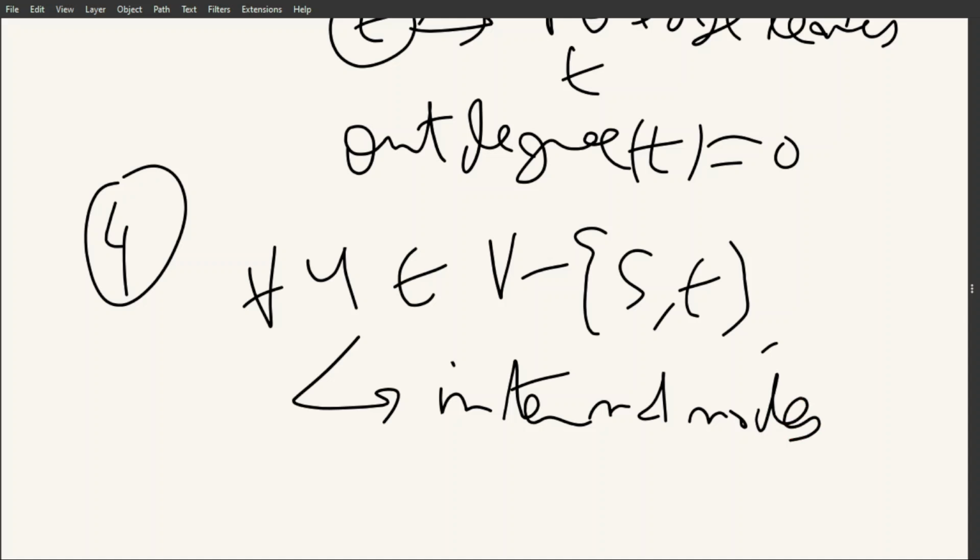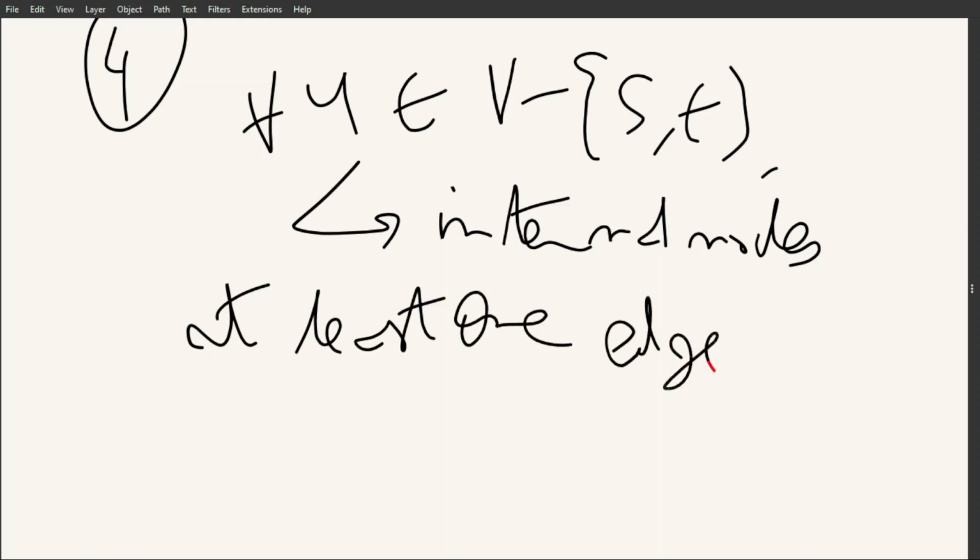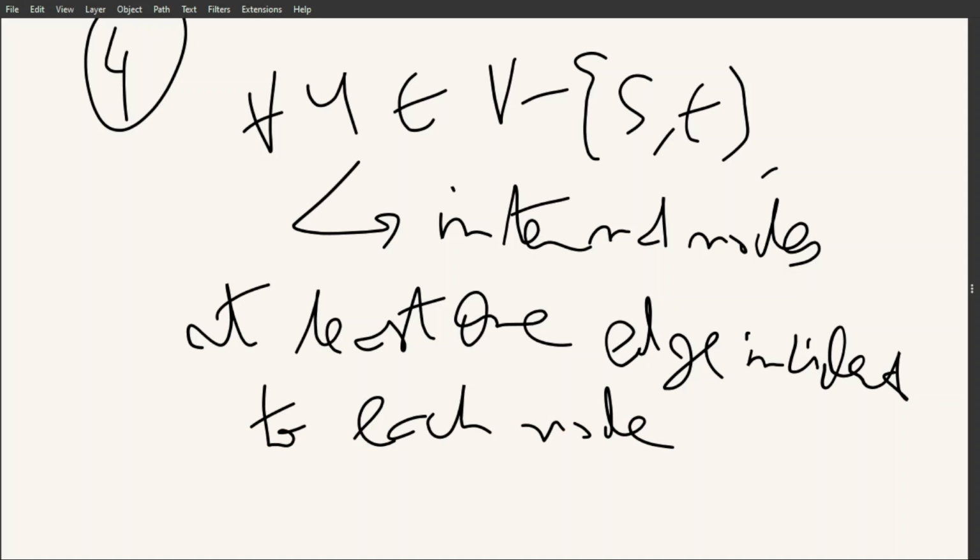And one more property, there is at least one edge incident to each node. So this incident means either coming to or going out. So these 4 requirements are there for a directed graph (V, E) together with a set of capacities to be called a flow network. 4 properties.